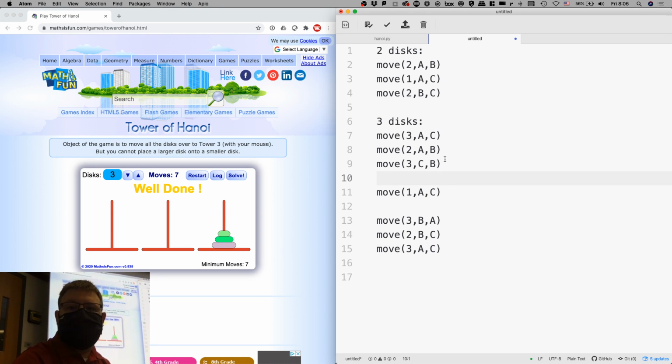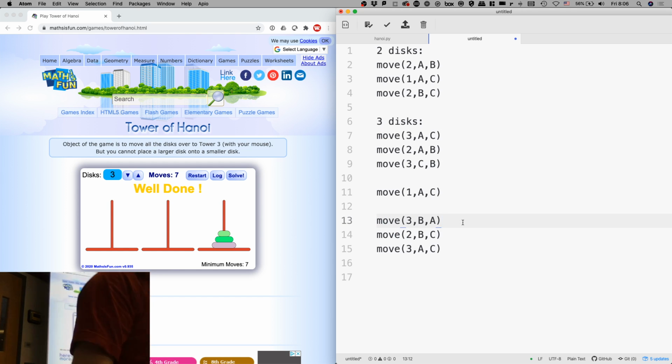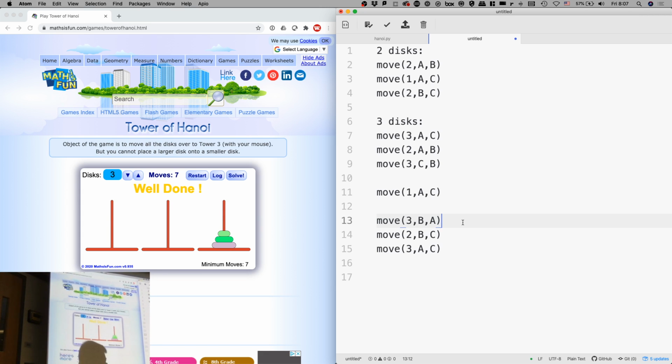Okay, so let's look at what we've got. These 3 and those 3 have the same kind of pattern that we saw before, in terms of where the letters are. And instead of it being 1, 2, 1, this time it's 3, 2, 3 because we just reordered the numbering in the other order for convenience.